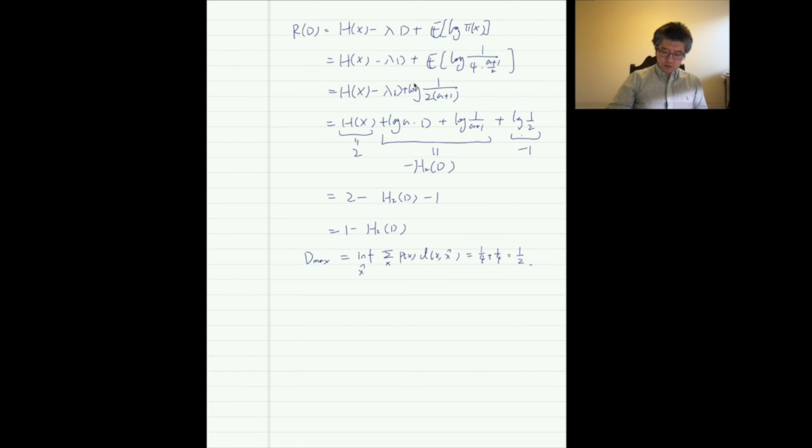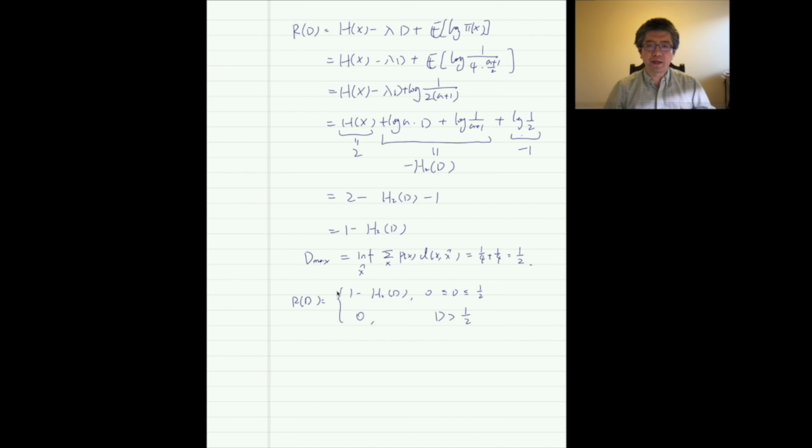Okay, so clearly in this case, R(D) will equal 1 minus H2(D), and D is in between 0 and 1 over 2. So if D is equal to 1 over 2, this guy will be 1, so R(D) will be 0, right? Therefore, 0 if D is bigger than 1 over 2.